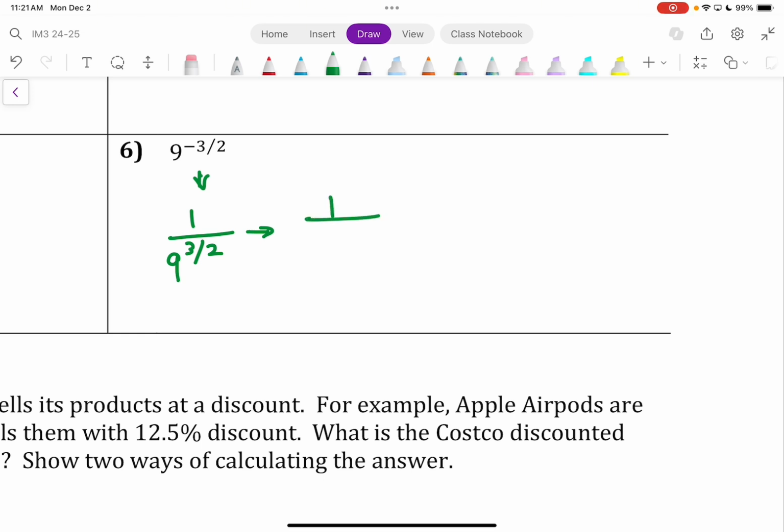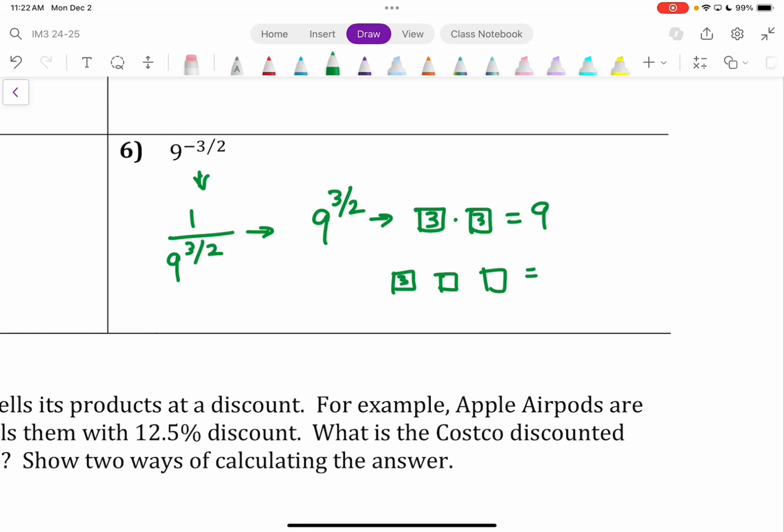So this is saying, let me erase this actually. I'm going to do the bottom by itself. 9 to the 3 halves, which we did earlier, is some number times itself twice that gives you 9, and you want 3 of these. Well, we found 3 times 3 is 9.